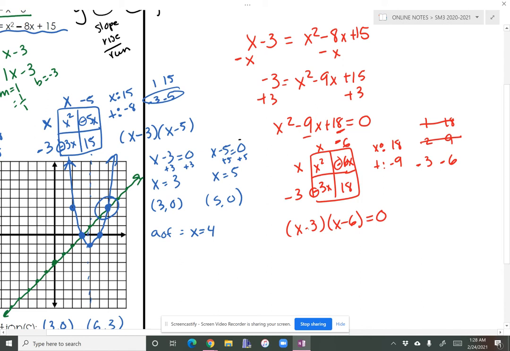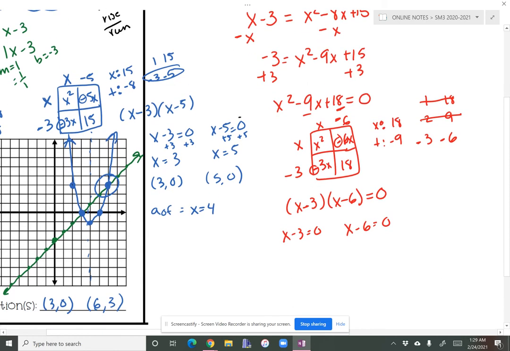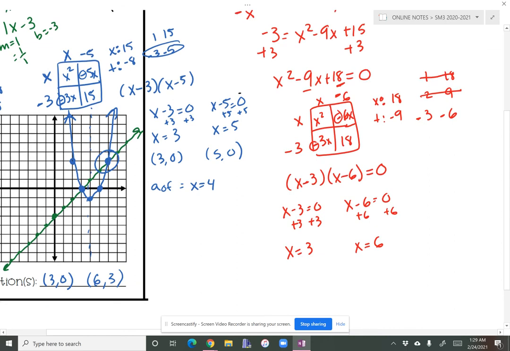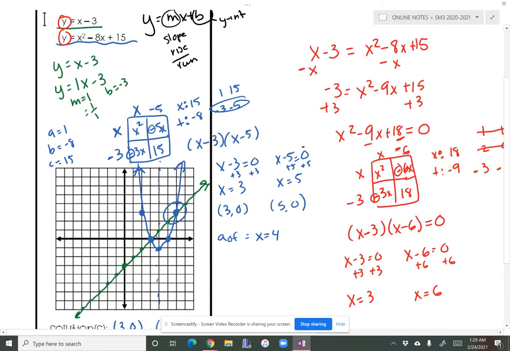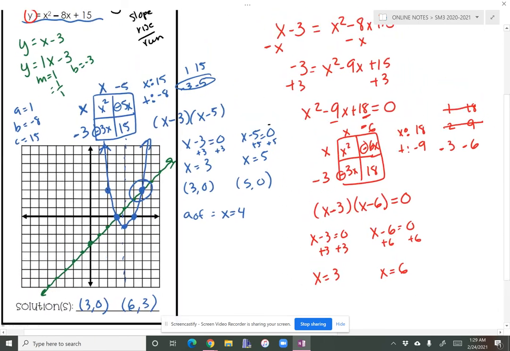Okay, and if I were to solve that, I would take each of these and set them equal to 0. Okay, I add 3, I get x equals 3 and x equals 6. So those are the x values. Then what I would need to do is take it and put it in either one of the original equations, so either one of these, and solve for the y's.